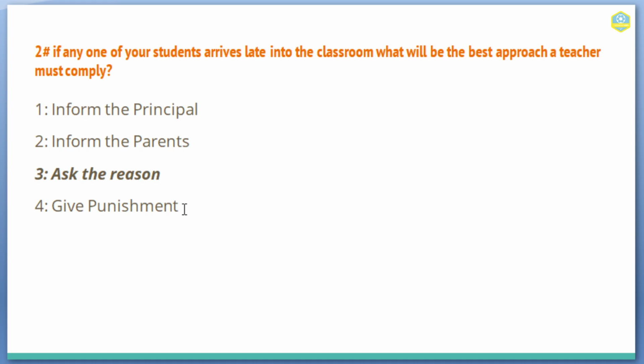However, the standard approach, according to education, is that we ask the reason why, or find out the reason why students are late, and then the next step will be to inform the parents. So we have to be careful while we answer. Maybe some of you directly approach the parents, okay, so it's to ask the reason why students are late.